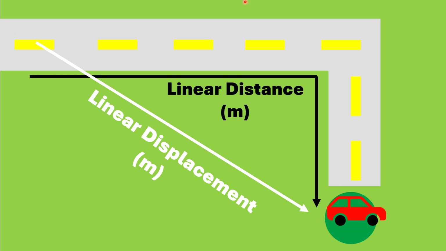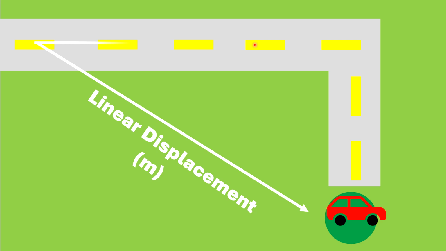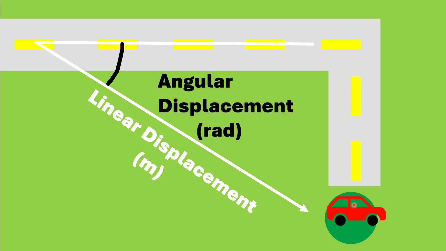Another value to have a look at is the angle that was taken to rotate and allow the movement, which is called angular displacement, measured in radians, not degrees. Well, it can be measured in degrees, but for this course we're going to use radians.